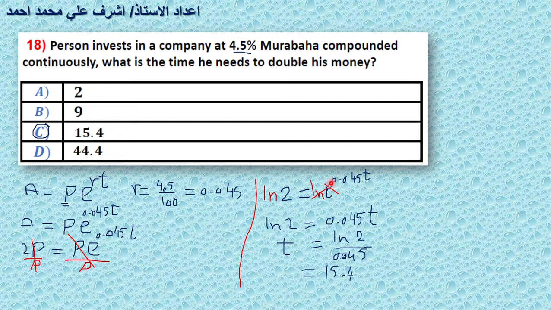To eliminate e, we have to take ln of both sides. Ln with e is eliminated, so we'll get 0.045T. We'll divide by this number on both sides, so T equals ln 2 over 0.045. We'll use the calculator to get T equal 15.4, choice C.